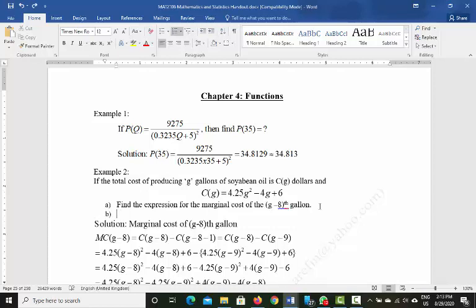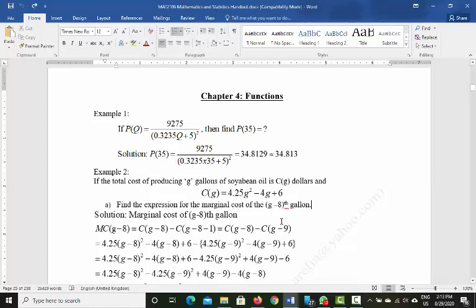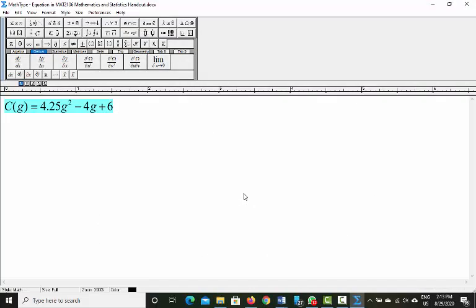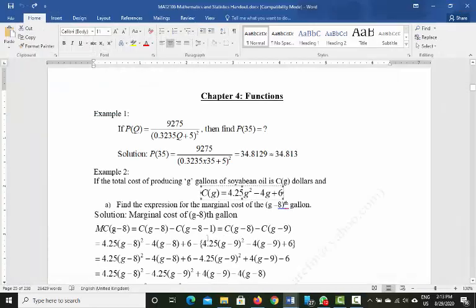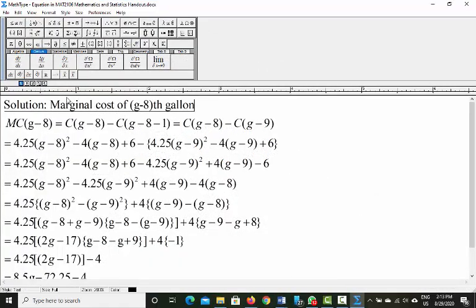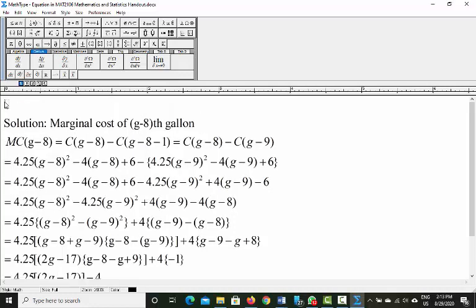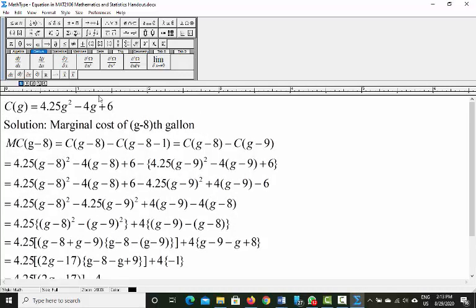Let me write it here. So the question is asking us to find out the marginal cost of the G minus 8th gallon. Before we do that, we first need to understand what is marginal cost.